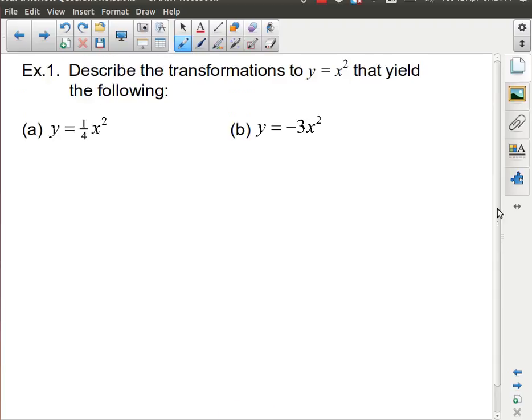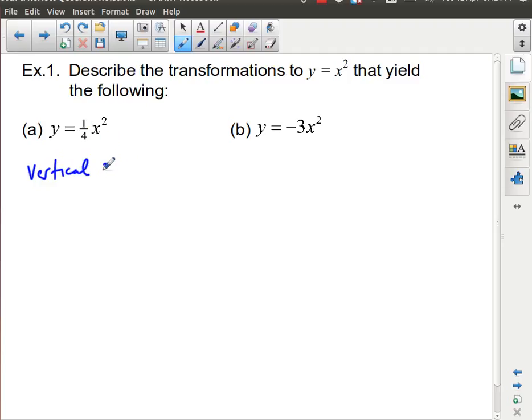Okay, so now classify these. Starting with y equals x squared, the parent function, what would you say has happened when I have 1/4 x squared? Well, there's no negative sign, so we don't have to worry about a reflection. And so the only transformation here is a vertical. Now, what is this going to be? 1/4.